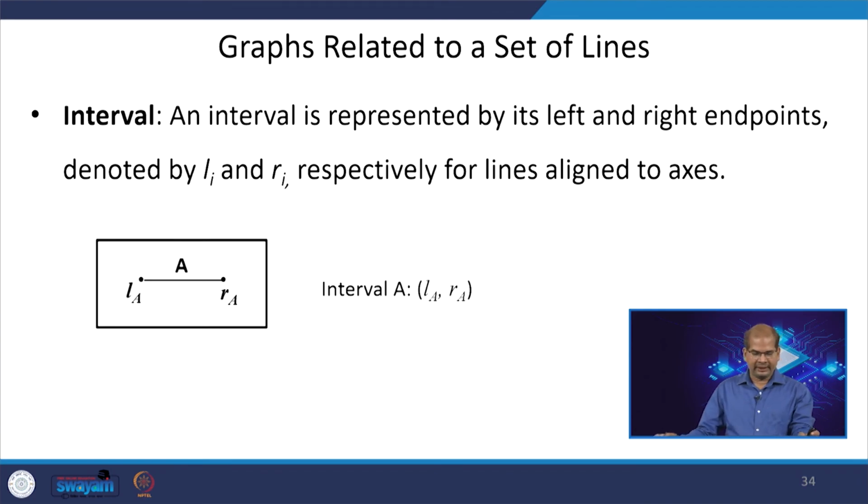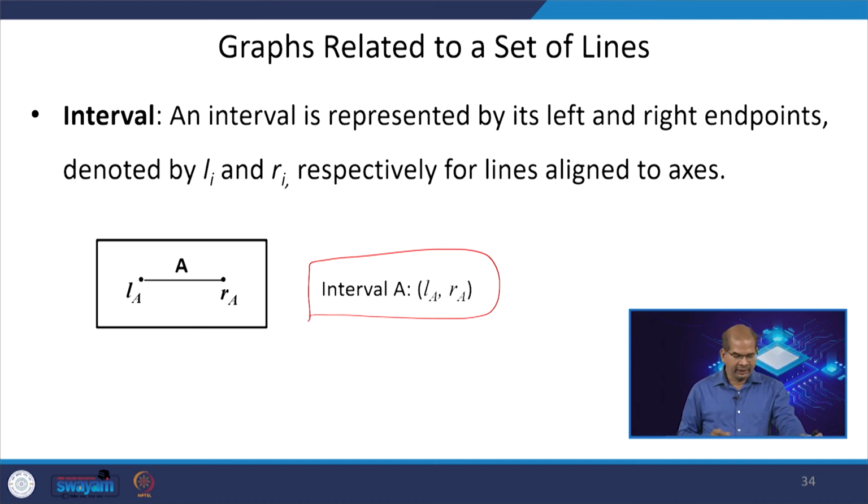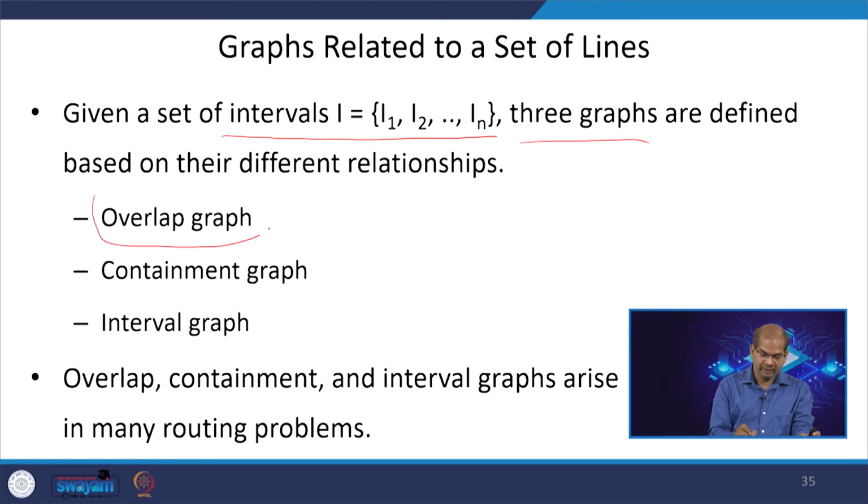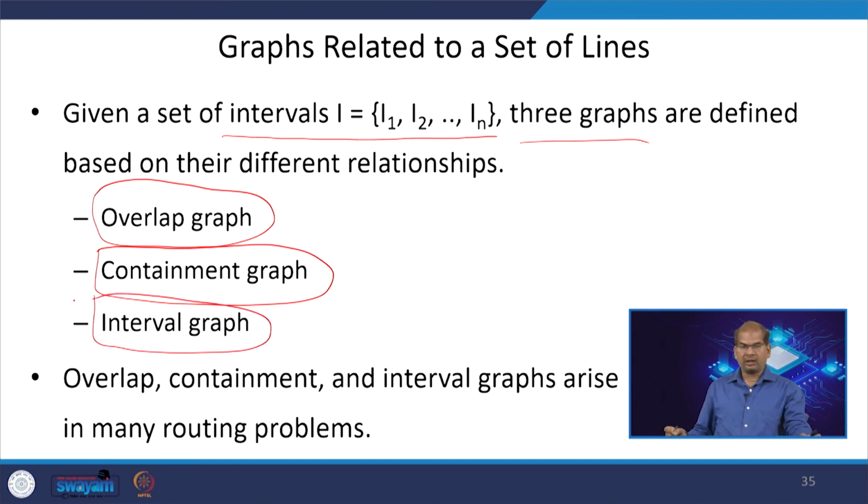Now let us take an interval. An interval means I have 2 points, L A and R A. L A is the left hand side and R A is the right hand side of the line A. This is aligned to the x axis, and is represented as L A comma R A. Now, related to the intervals, I have a set of intervals, and three different graphs are defined: the overlap graph, the containment graph, and the interval graph.